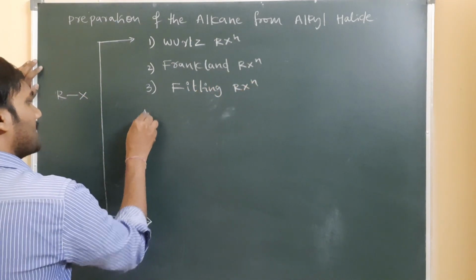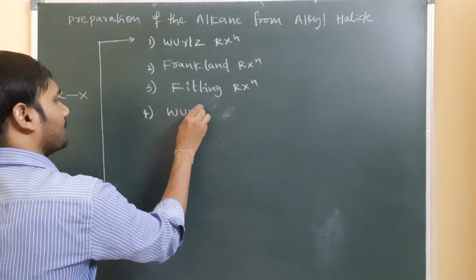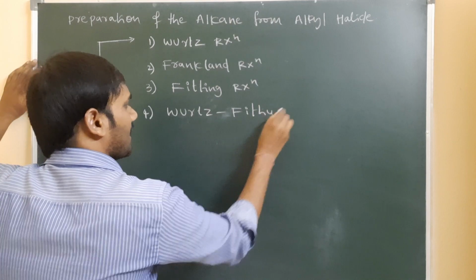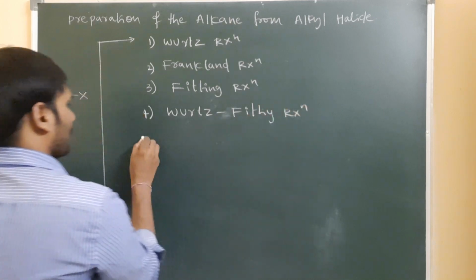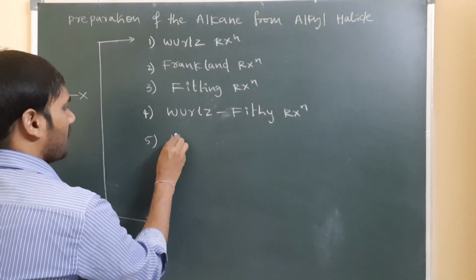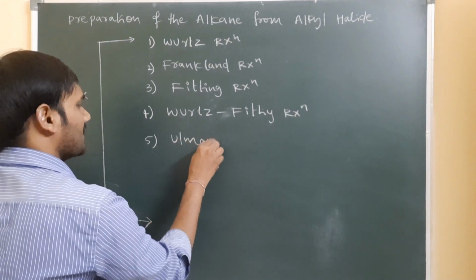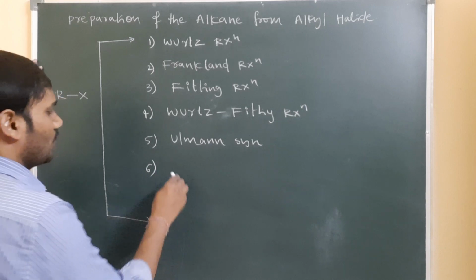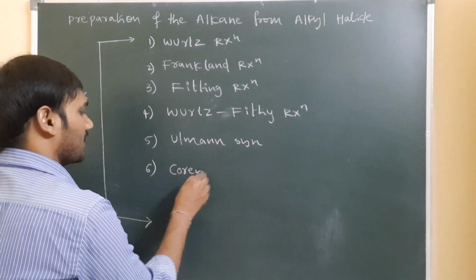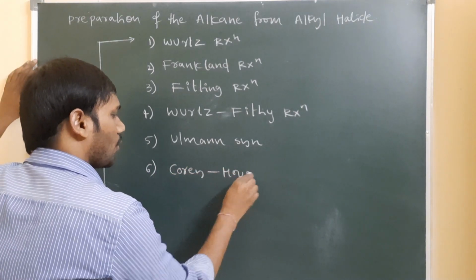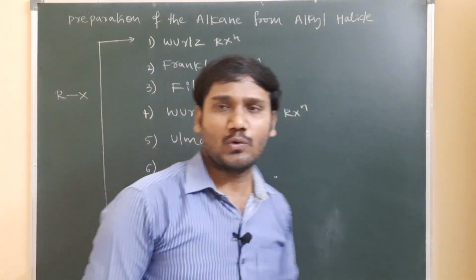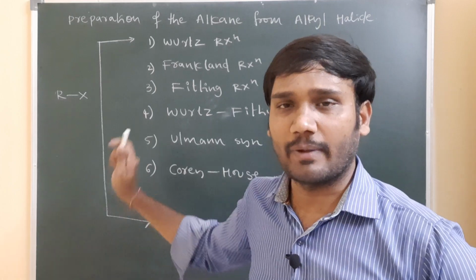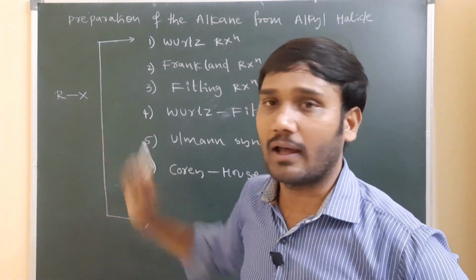The fourth one is Wurtz-Fittig reaction, the fifth one is Ullmann synthesis, and the sixth one is Kolbe's synthesis. So by using these six reactions, we can prepare the alkanes from the alkyl halide.